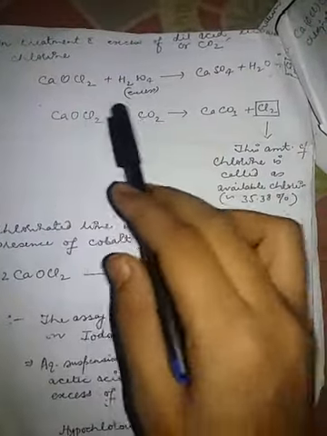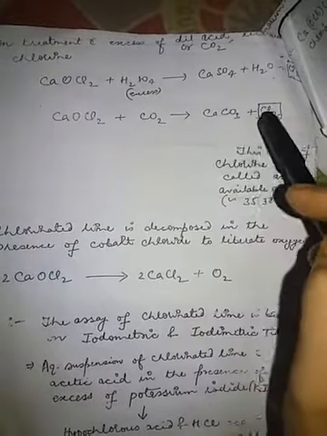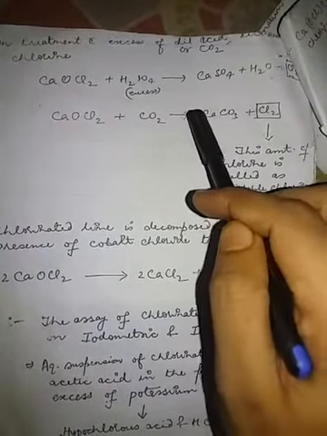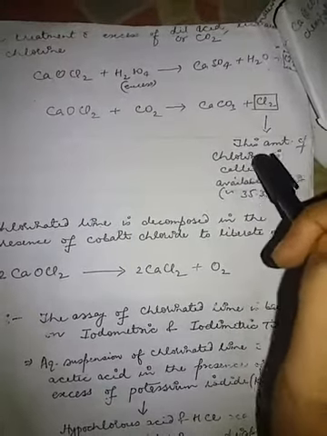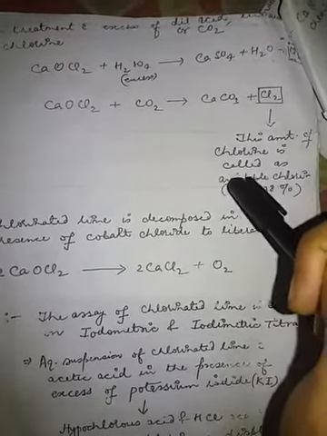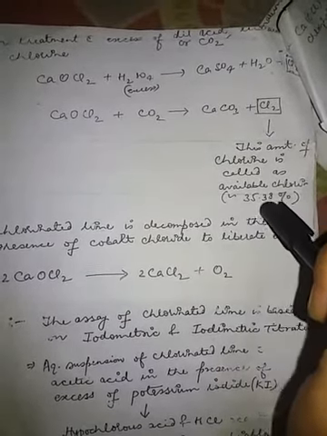Similarly, if we treat this chlorinated lime with carbon dioxide, we get free chlorine and calcium carbonate. This amount of free chlorine is called the available chlorine. It is equivalent to 35.38%.